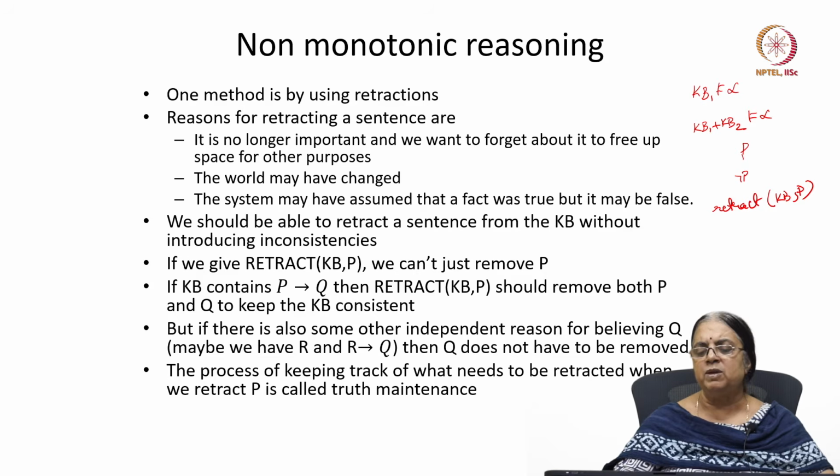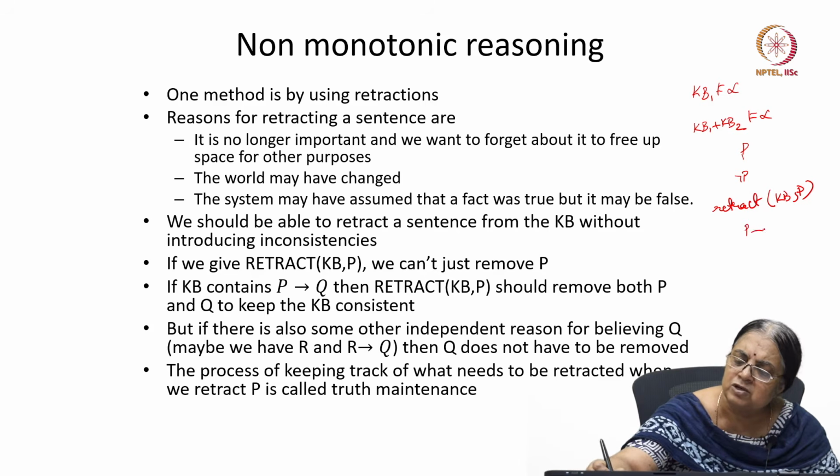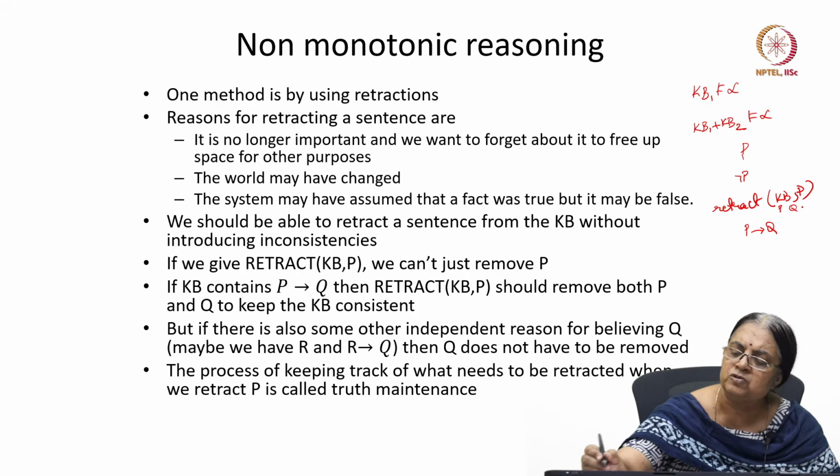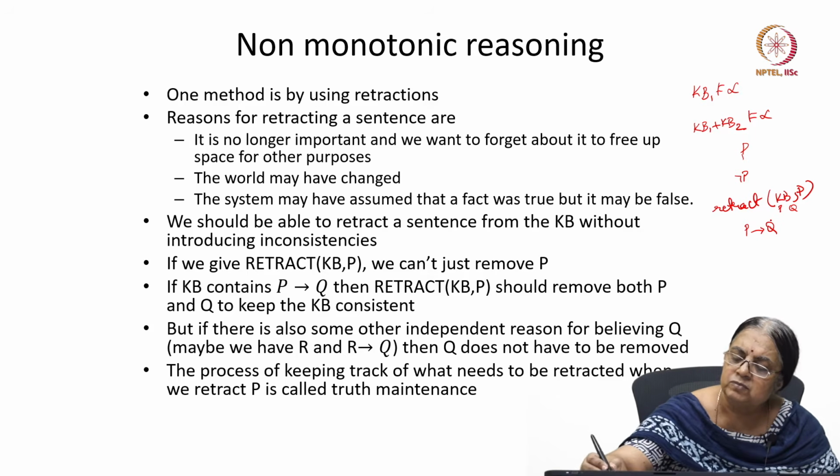But if you are removing P from the knowledge base, is it enough just to remove only P? Okay, for example, you may have something like P implies Q, right? So if your knowledge base has P as true and it also has Q as true, then you need to remove Q also from the knowledge base, right? And suppose you have something which says R implies Q also, right?